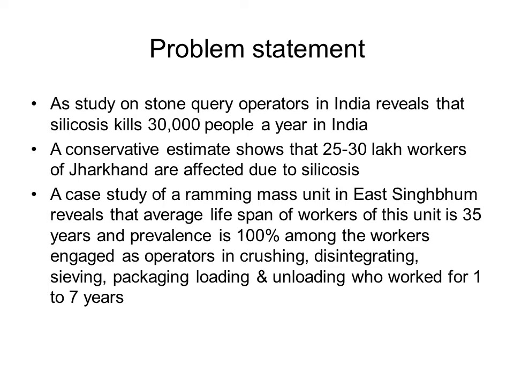Another study from East Singhbhum, Jharkhand, found that the lifespan of workers of this unit is 35 years only, and the prevalence of silicosis is about 100% in that mine, which deals mainly with crushing, disintegrating, sieving, packaging, loading and unloading of silica dust. For those working there for 1 to 7 years, their occupational health is so poor that either they are dying, or if they survive, they have high morbidity due to silicosis.